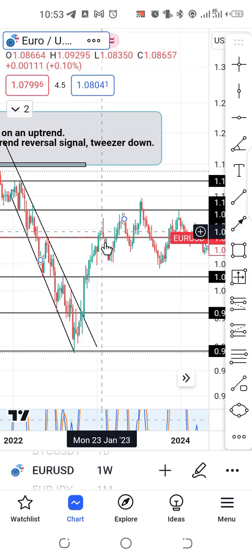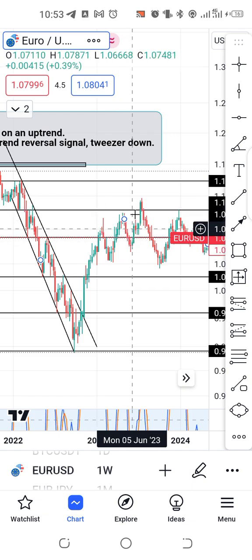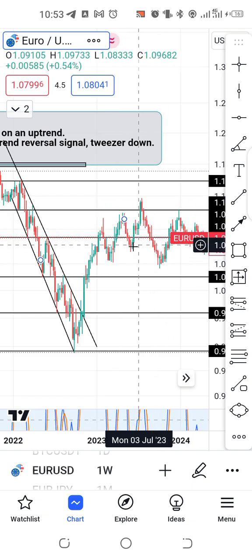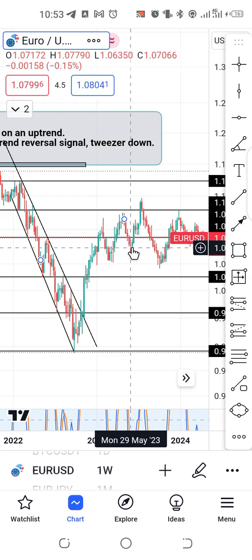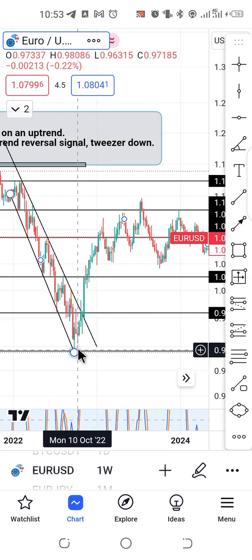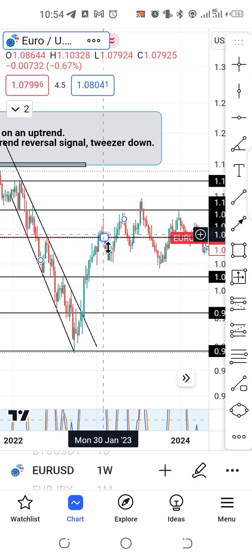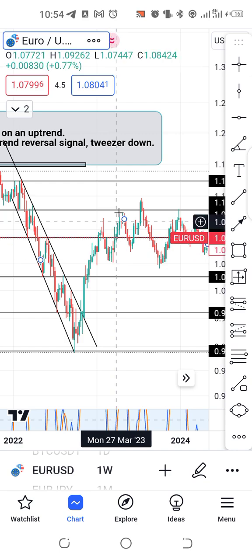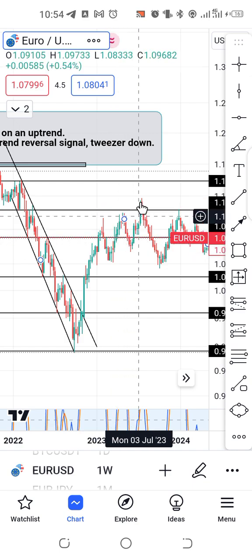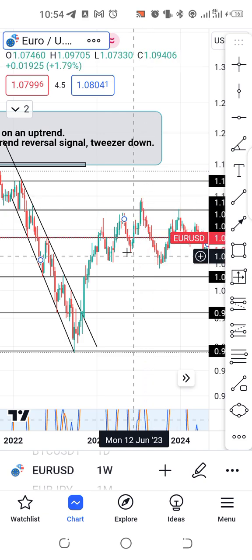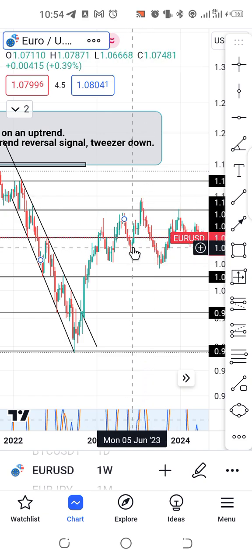It trended up, retraced, went up, retraced, went up, retraced. Now you realize that there was a break. If you are familiar with market structure, the market went high, that's a higher high, and then formed a higher low, higher high, higher low, higher high, and then you realize that the market retraced and broke this low.